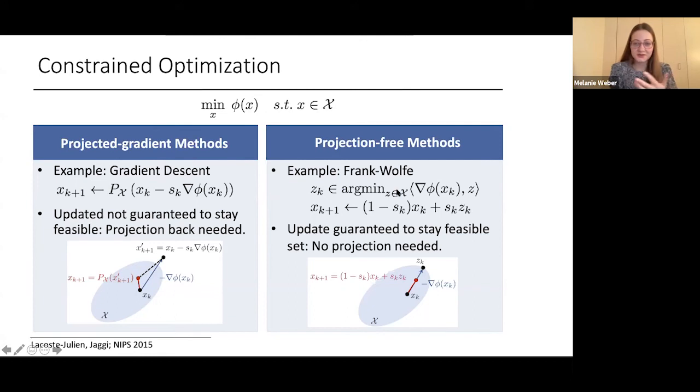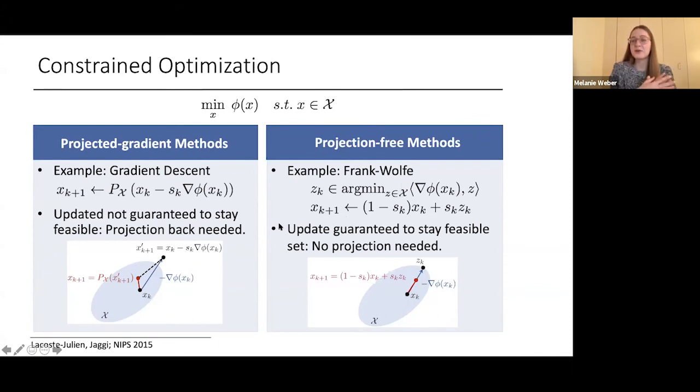So what we could consider instead, projection-free methods, takes the following approach. Starting at a point x_k, we also evaluate gradient information to find a feasible descent direction. And then we call a subroutine, which is called the linear oracle. And this finds an extremal point along the feasible descent direction, which still fulfills the constraints.